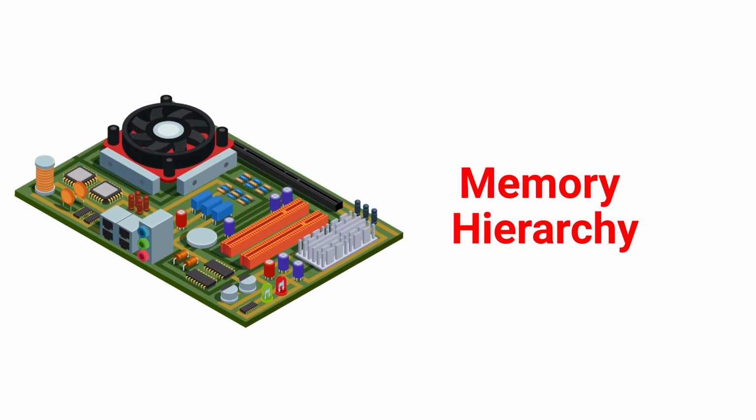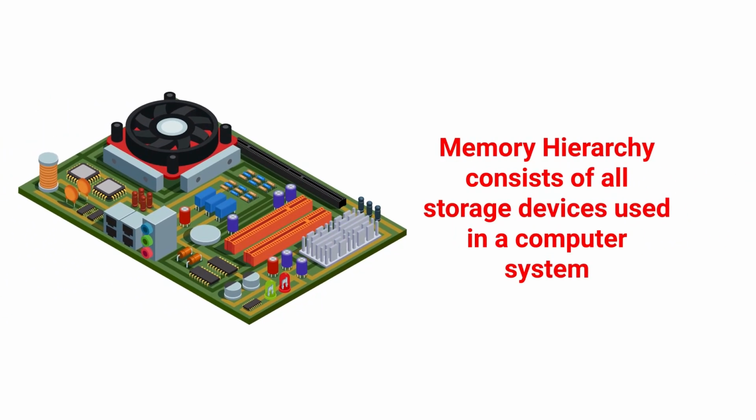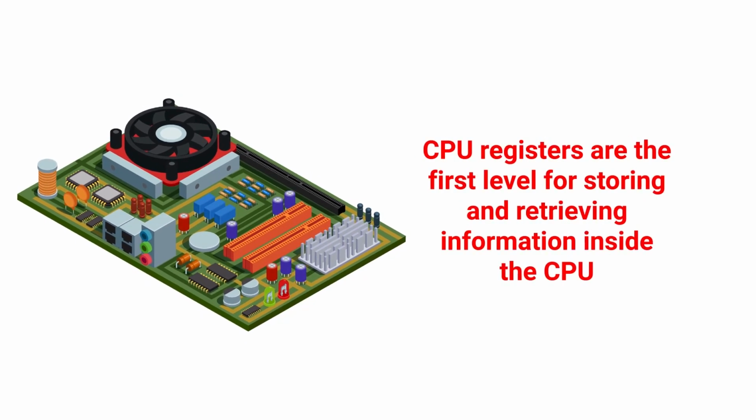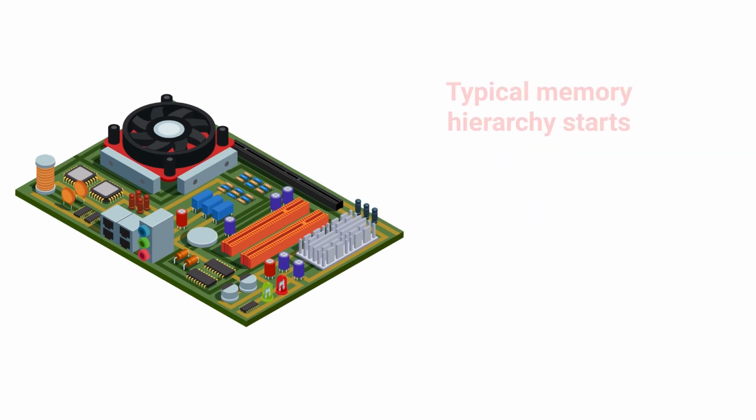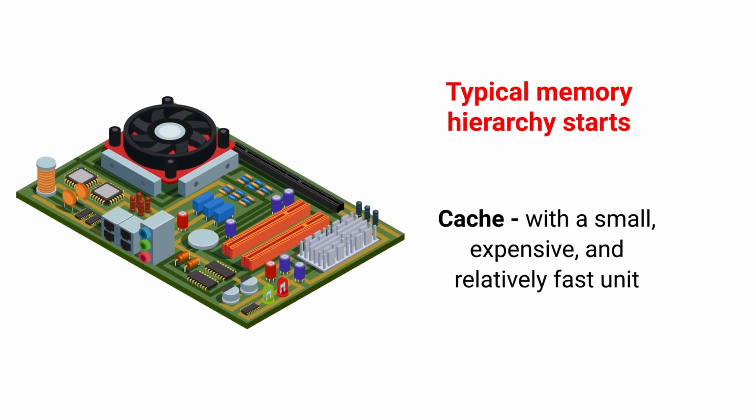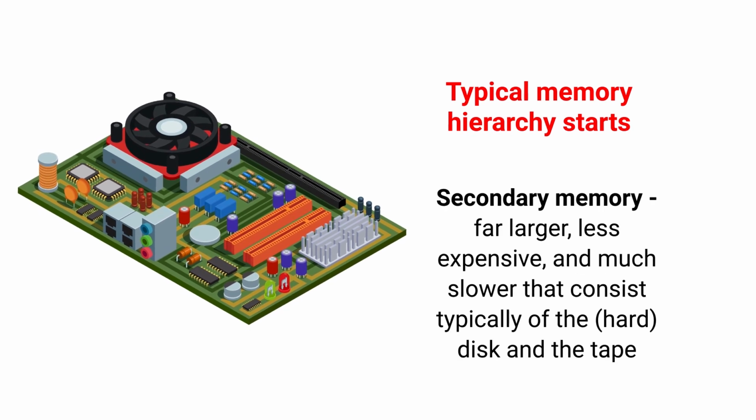Now, since we have many devices which are used for the memory unit, there is a memory hierarchy which consists of all these storage devices used in the computer system. Since the CPU registers are the first level for storing and retrieving information inside the CPU, the typical memory hierarchy starts after that with the cache memory, main memory and the secondary memory.